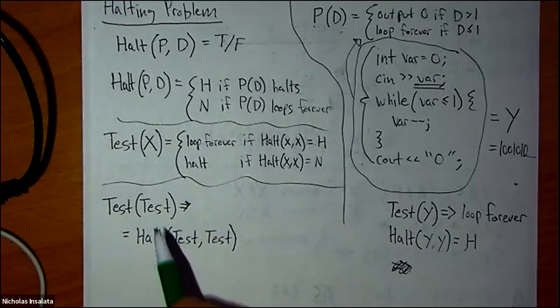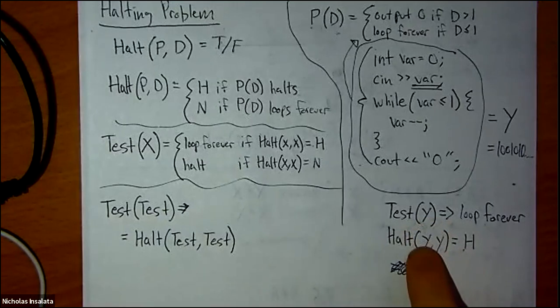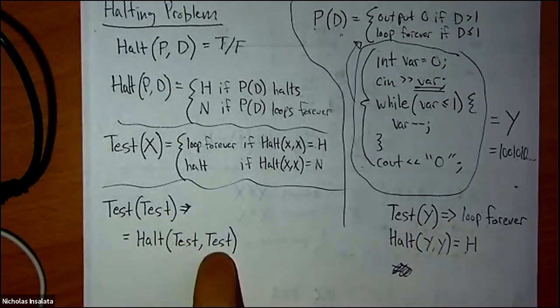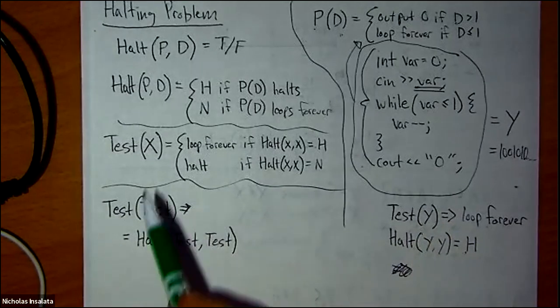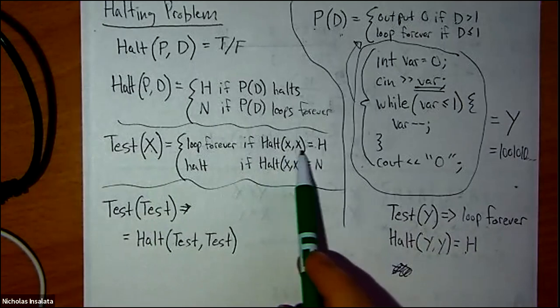Right? Because you take whatever's in here, and here we had the Y, and that just becomes both arguments to halt. In here we have test, that becomes both arguments to halt, right? Because whatever you put into here, test, that's what becomes both arguments to your halting function.